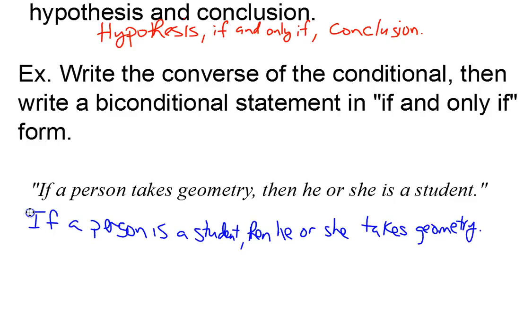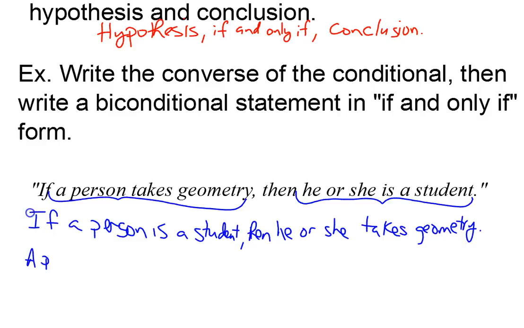Okay? Now, in biconditional form, I'm going to take the hypothesis of the first sentence, the conclusion of the second sentence, and I'm going to create a biconditional in if and only if form by just taking those two phrases and linking them with the phrase if and only if.